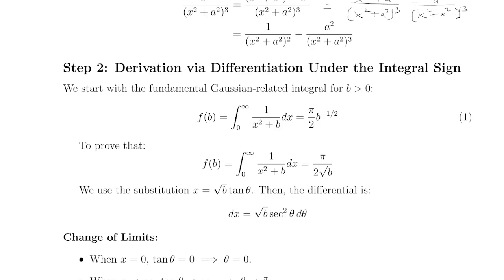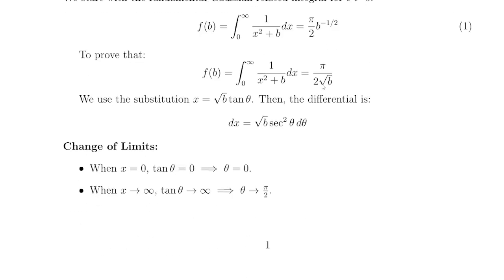And we're going to do a trig substitution. Let x equal the square root of b times tangent theta. So dx is square root of b times secant squared theta d theta. And now, because we're making a substitution, we're going to change the limits.